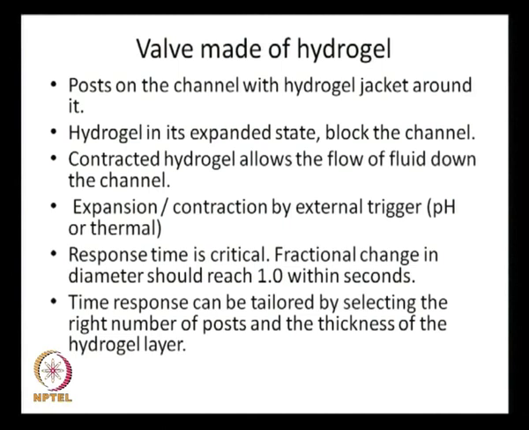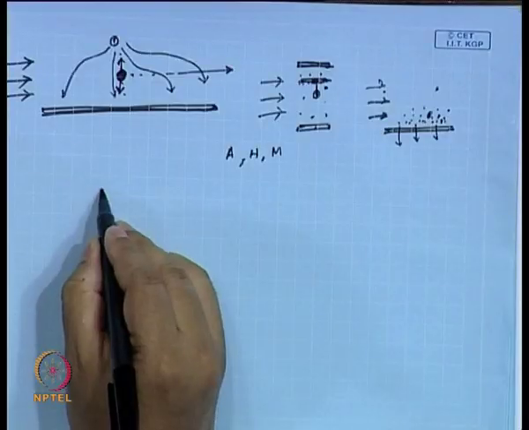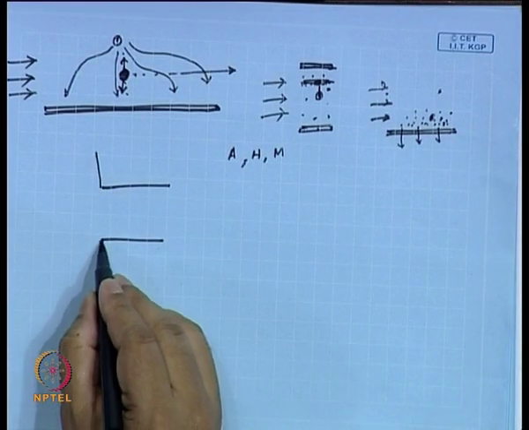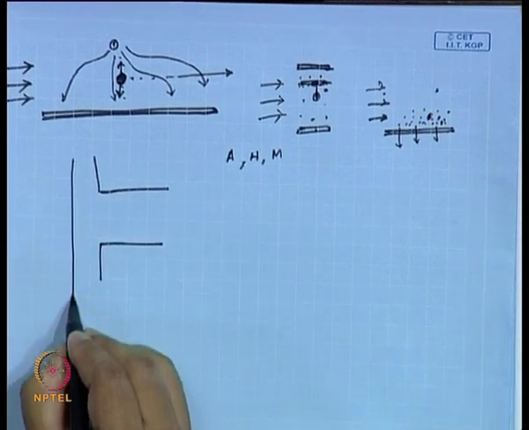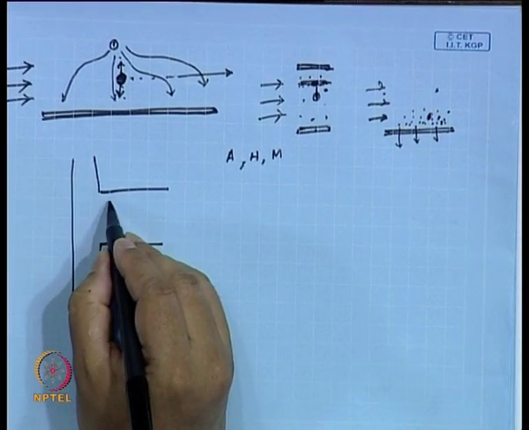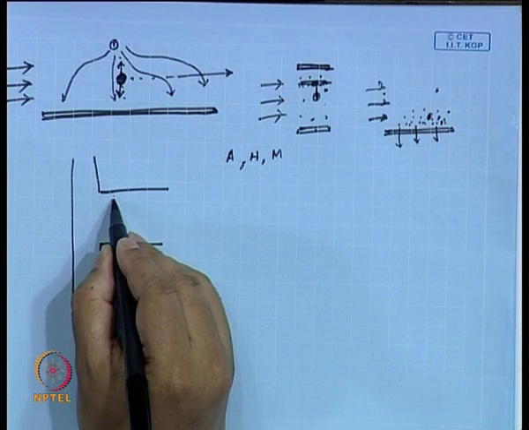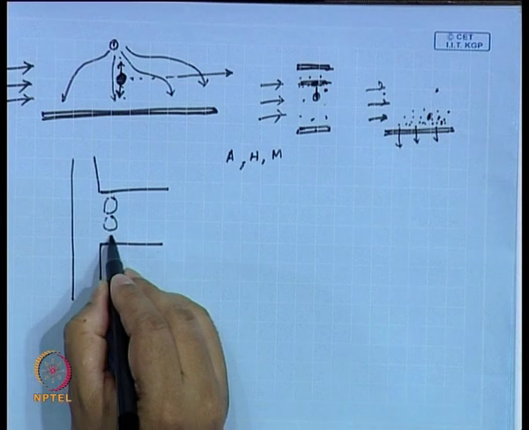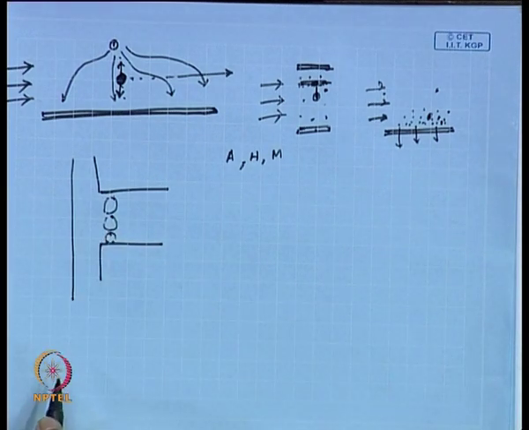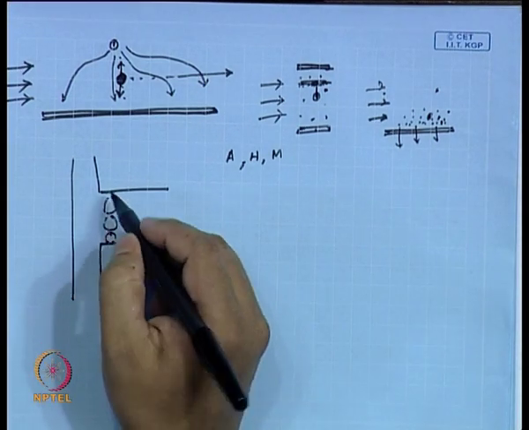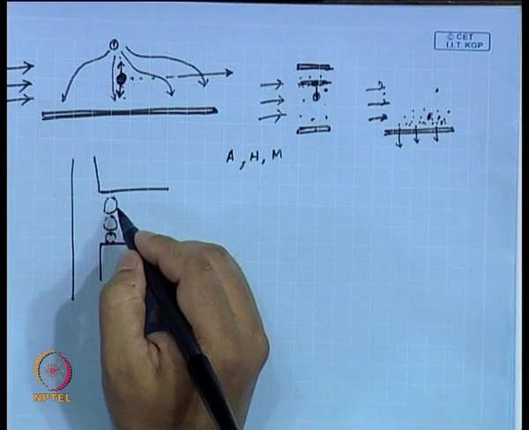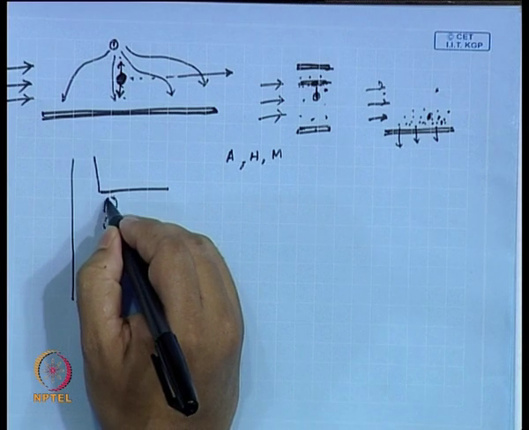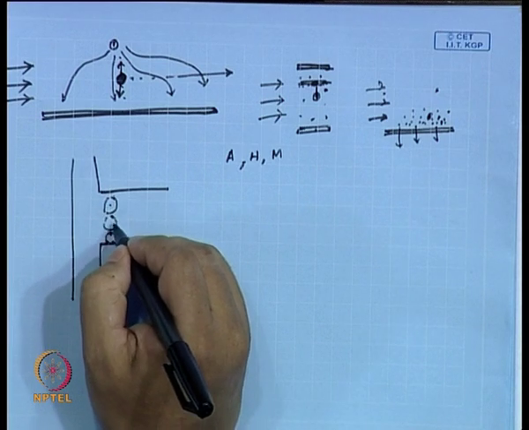What you have here is, suppose you have a channel like this, and you have pillars placed here. These are called posts on the channel, with a hydrogel jacket around them.